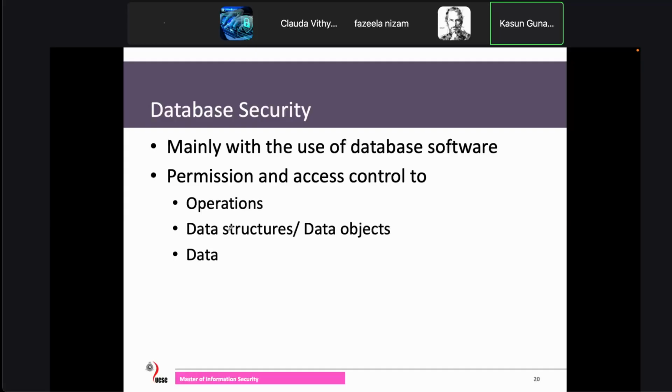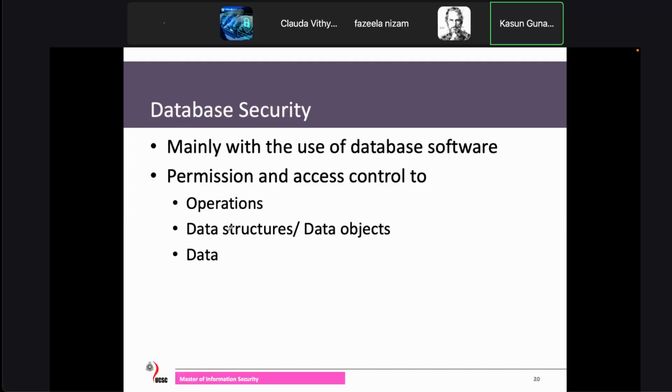For database security, mainly with the use of database software. So database management system, right now it's a software package. So it's not just facilitating storing the data. So it facilitates securing this data as well.